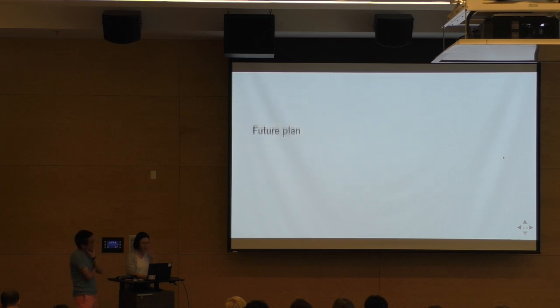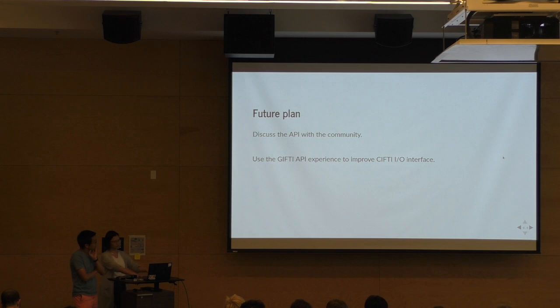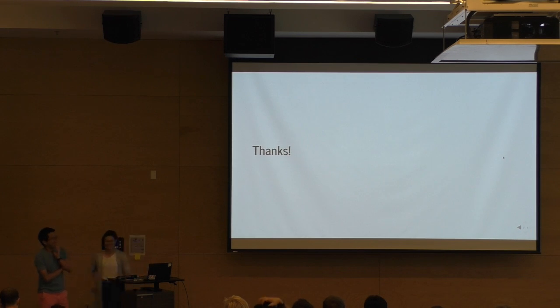The future plan is to discuss the API issue with the community, and we are hopefully going to use the experience of working with GIFTI to improve the CIFTI input and output interface as well. And finally, this will all lead to profit. Thank you.